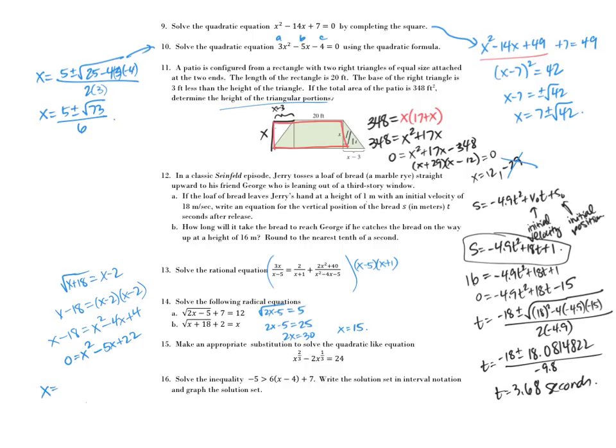x equals positive 5 plus or minus the square root of 25 minus 4 times 1 times 22, all over 2 times 1. I can see this is going to give me complex roots because 4 times 22 is 88, which is greater than 25.